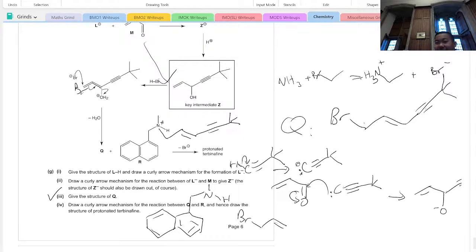Did it make a double bond? Wait, what's this reaction called? What's NH3 plus bromoethane? Yeah, it's a nucleophilic substitution. So what's the nucleophile? The NH3.